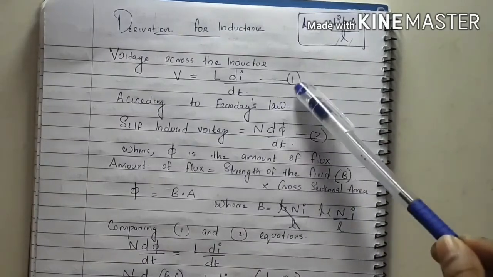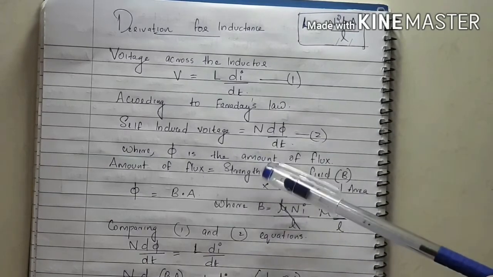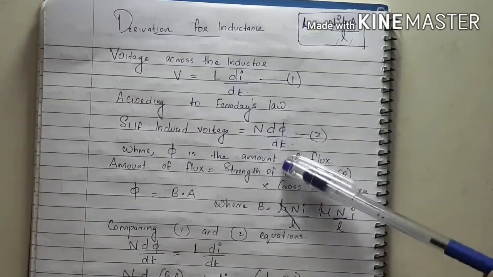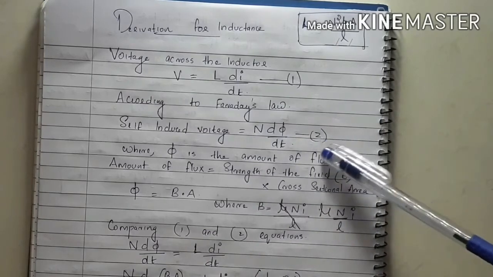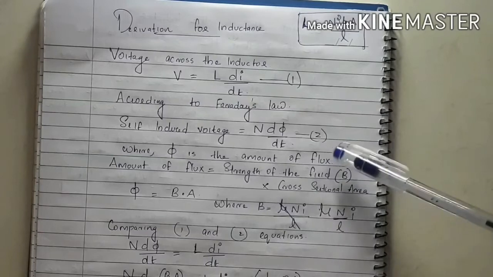Let us consider this equation as equation 1. According to Faraday's law, the self-induced voltage, that is voltage in terms of rate of change of flux, is given by V equal to N d phi by dt. Let us consider this equation as equation number 2, where phi is the amount of flux.